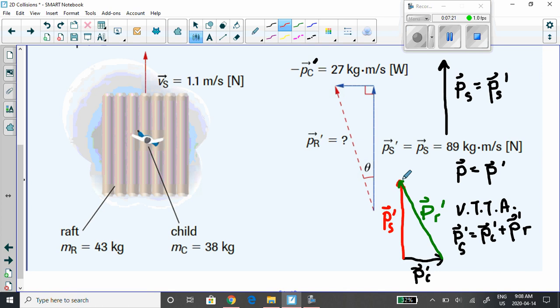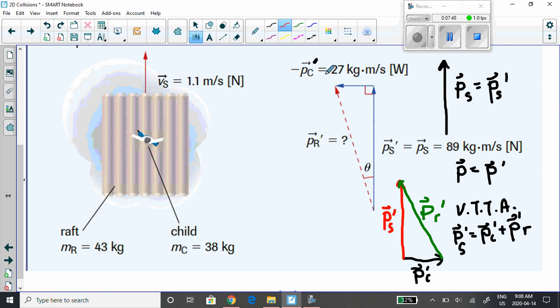What have they drawn here? Well, they've drawn the momentum of the system after the collision, minus the momentum of the child as the child is walking, has to equal the momentum of the raft as the child is walking.